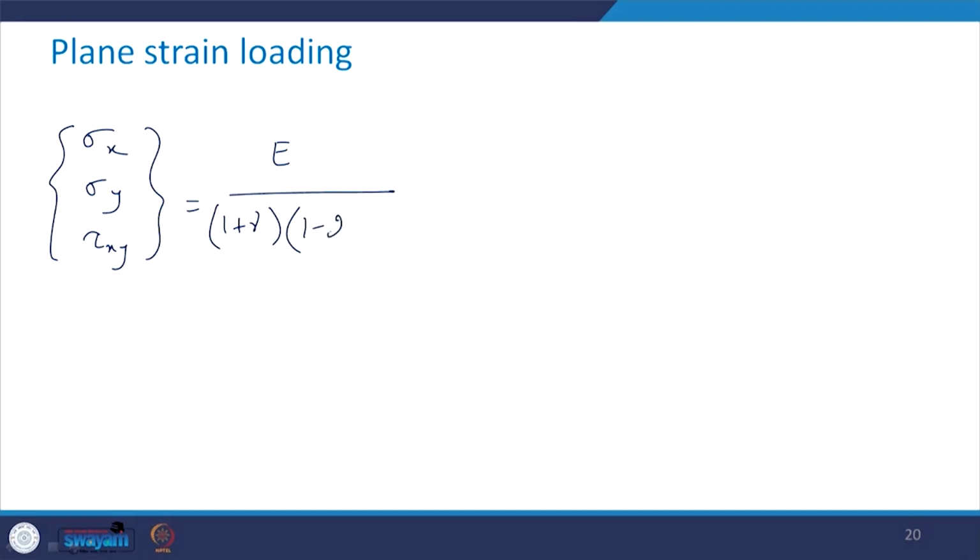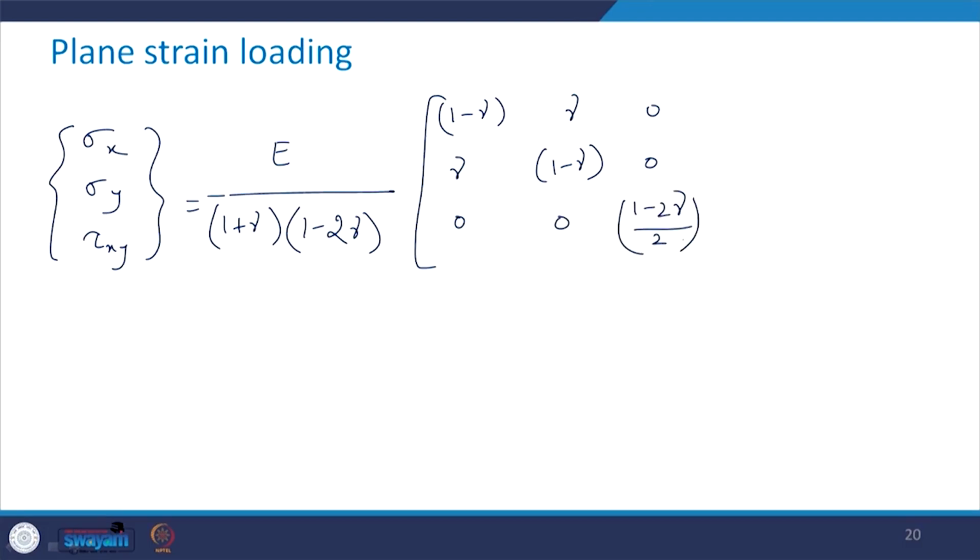So, we have sigma x, sigma y and tau xy equal to E upon (1 plus nu) into (1 minus 2 nu), and then the matrix: 1 minus nu, nu, 0; nu, 1 minus nu, 0; 0, 0, (1 minus 2 nu) upon 2.